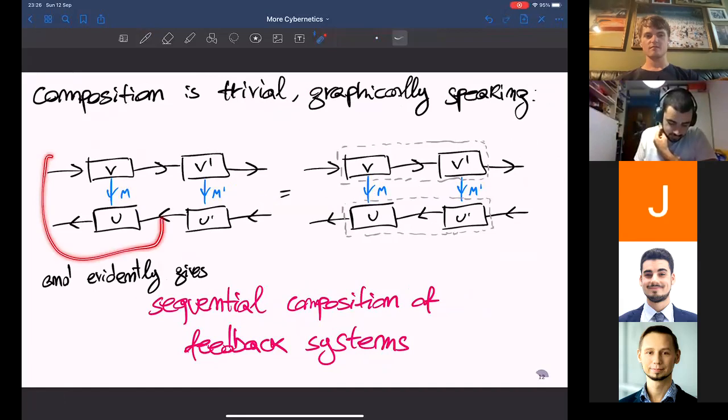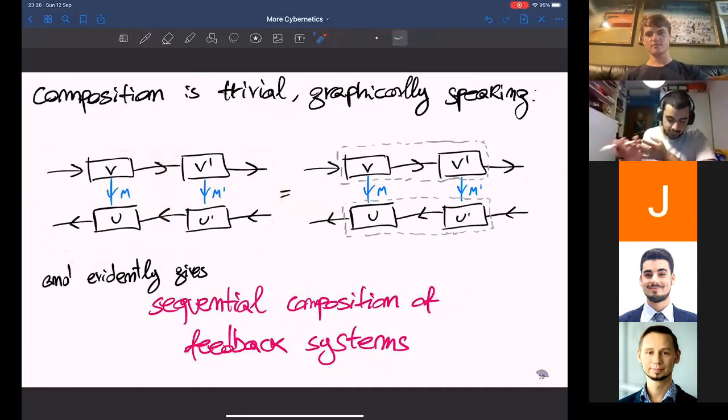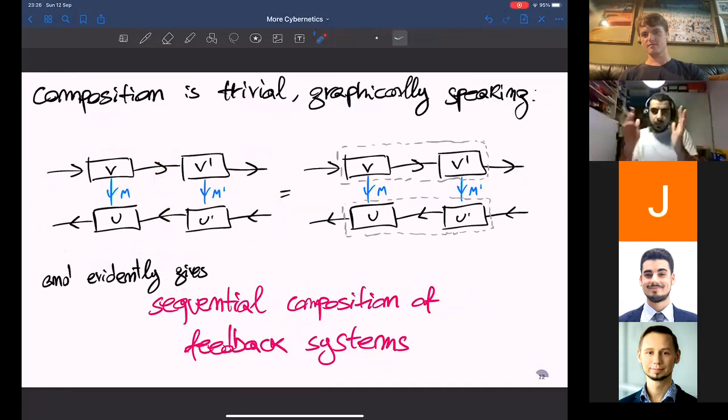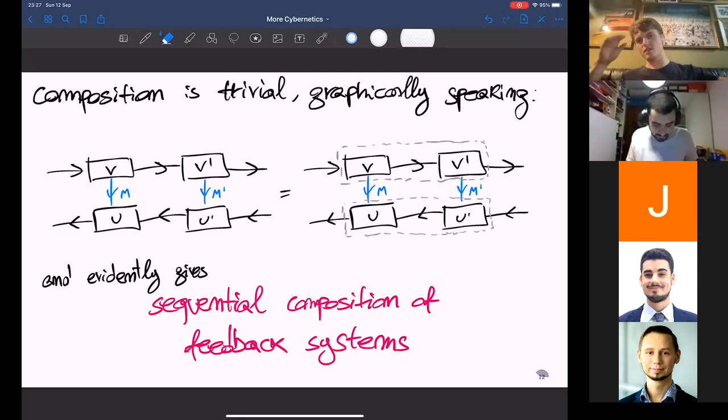So if I have an optic like this, and then I have another optic, and they share a middle boundary, then I can simply consider them to be one optic from the very left boundary to the very right boundary. And graphically, when I draw optics, there's almost nothing to say, because when I draw them, they're already composite.